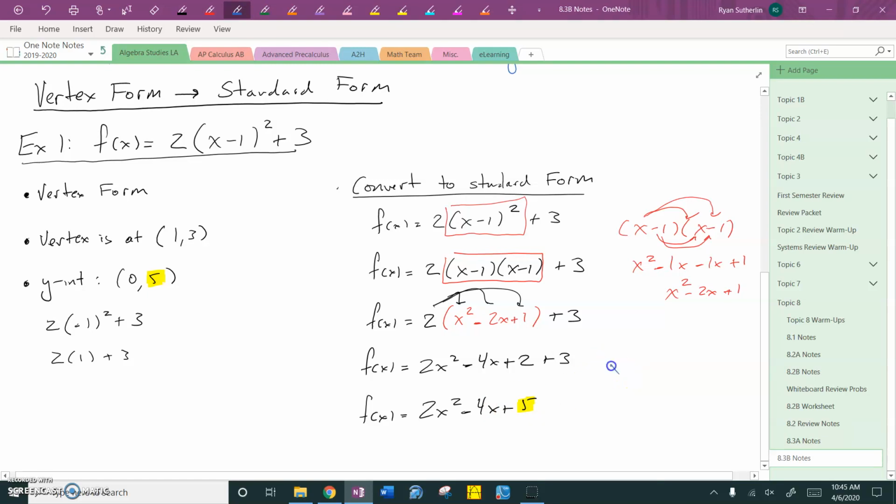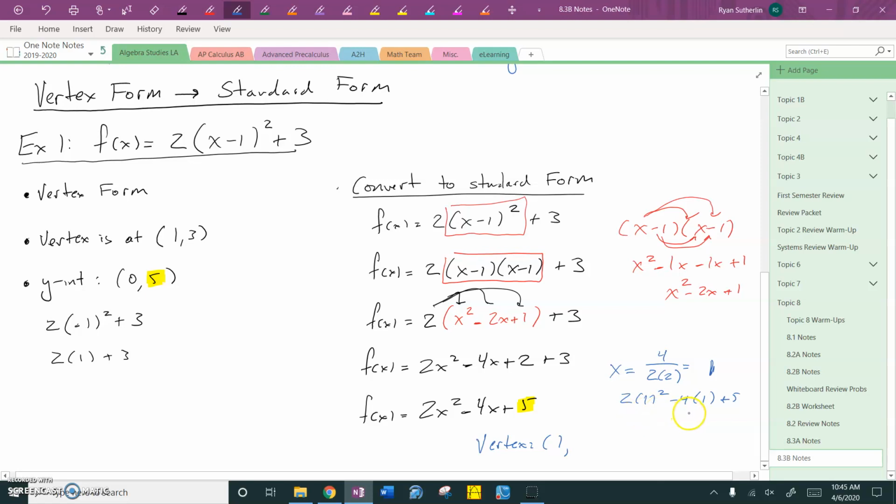We got the vertex. Let's see if it's in standard form. Remember, I've got to use the opposite of b. So instead of negative 4, it's positive 4 over 2 times the a value, which is 2. 4 divided by 4 is 1. So I get the vertex x coordinate to be 1. And if I plug 1 in for x, I get 2 times 1 squared minus 4 times 1 plus 5.